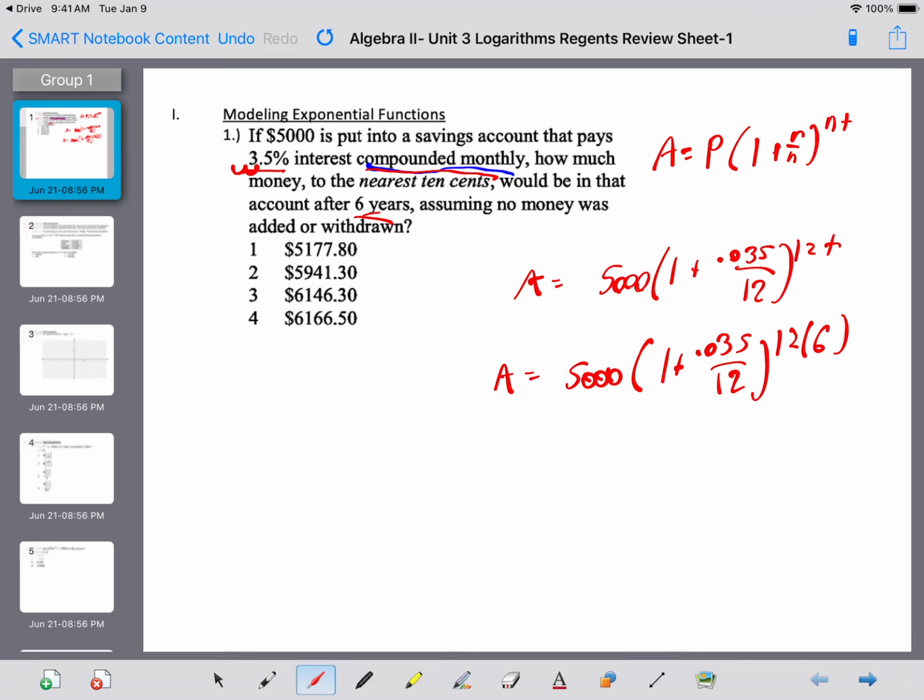You get 6,166.505184, so approximately $6,166.50. Really, if we were using rounding rules, it would round to 51 cents.